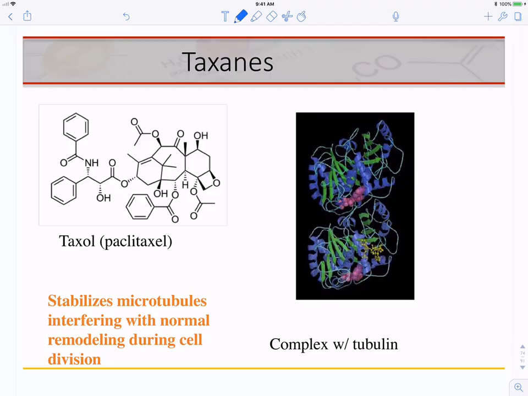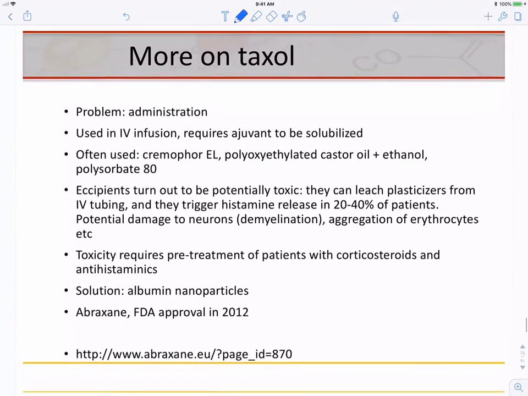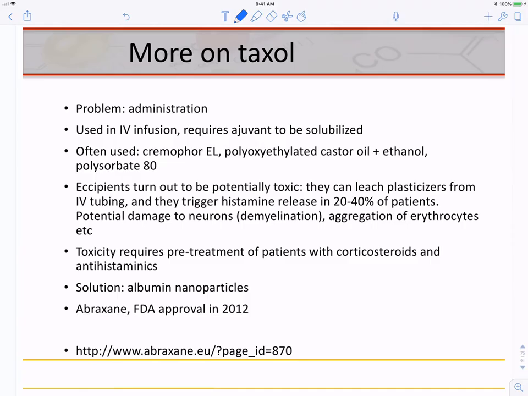Again, Taxol stabilizes the microtubules, and so basically gets the cell stuck. And here is a figure of Taxol in complex with tubulin. What else about Taxol? Well, one of the problems with Taxol is that it can only be administered by IV infusion.